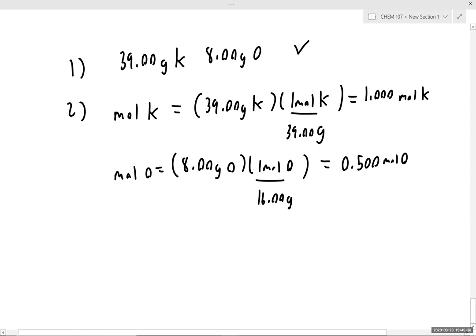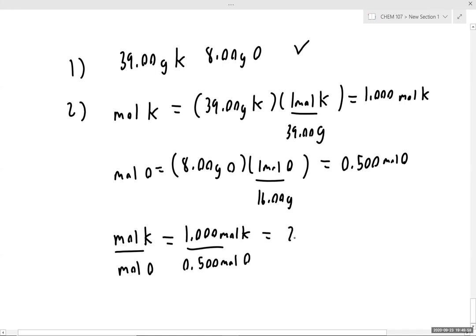In general, when you're figuring out your empirical formula, you divide by the smallest number of moles. So we're going to divide by the moles of oxygen. So we take 1.000 moles of potassium over 0.500 moles of oxygen, and that gives us 2 moles of potassium per 1 mole of oxygen.